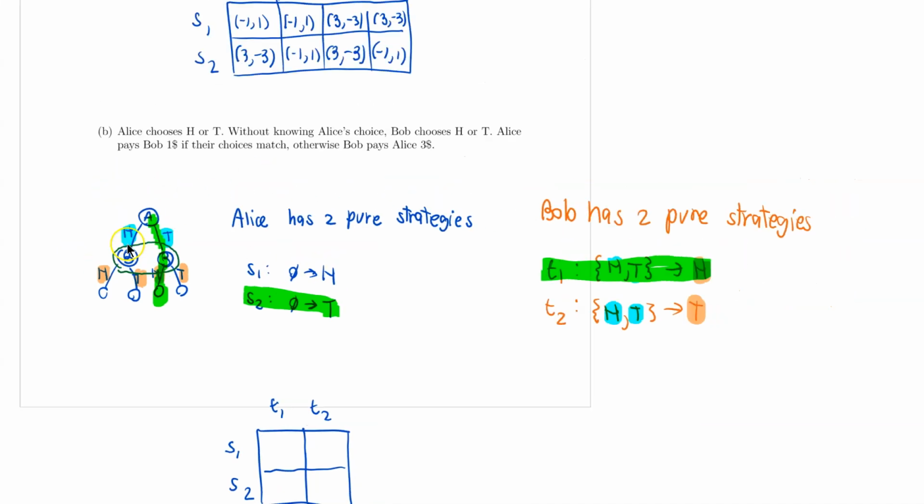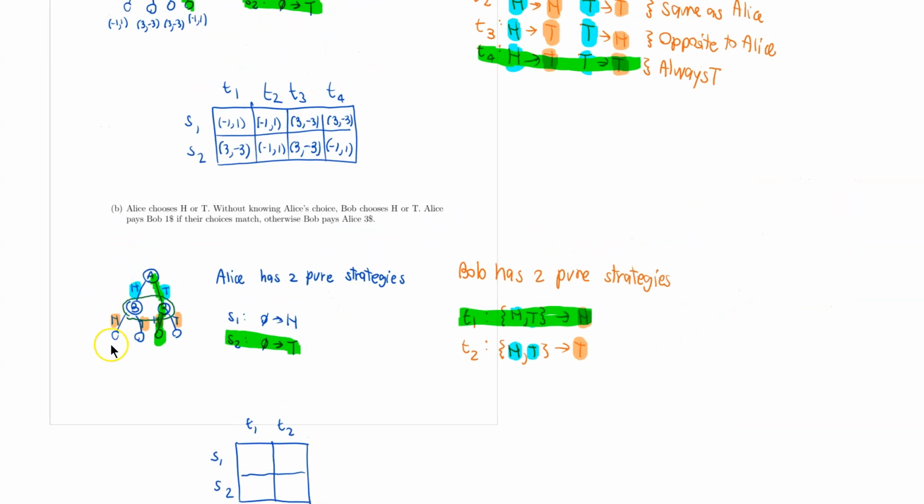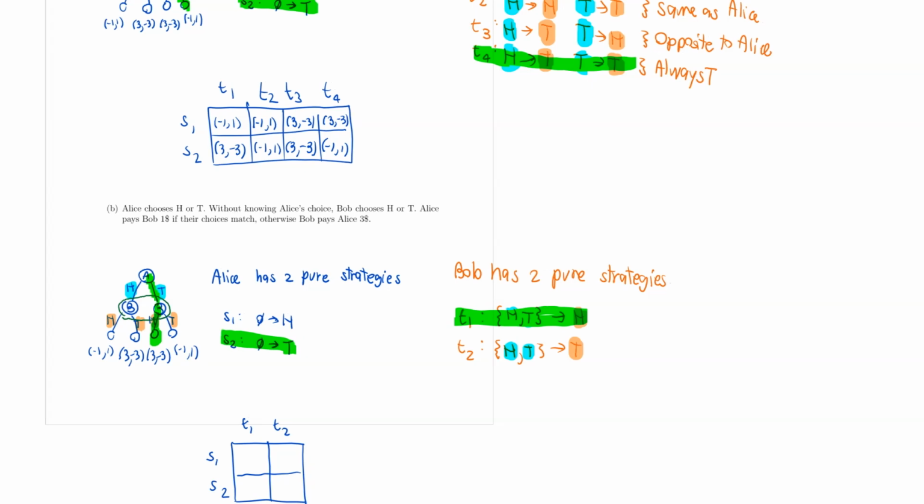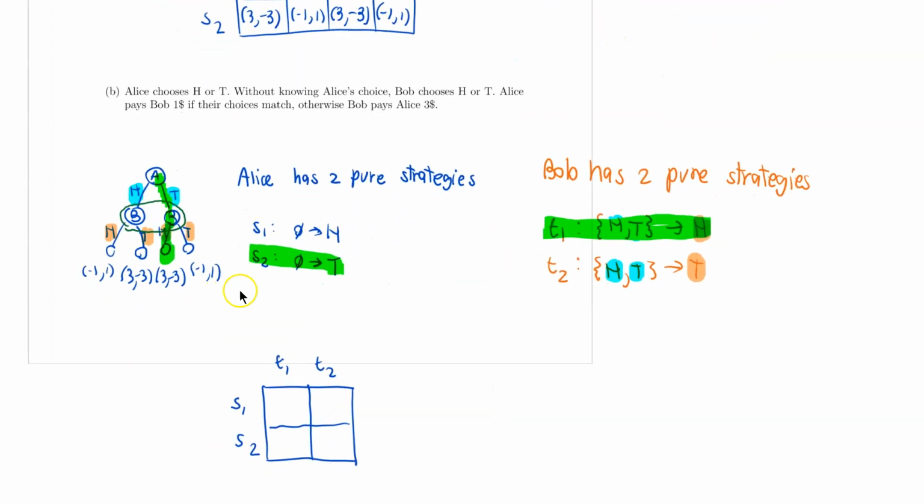Bob pays Alice, so it's going to be -1 and 1 here, and then 3, -3 here, 3, -3 here, and then -1 and 1 here. If Alice plays S1 and Bob plays T1, that means Alice will choose head, and then Bob will always choose head.